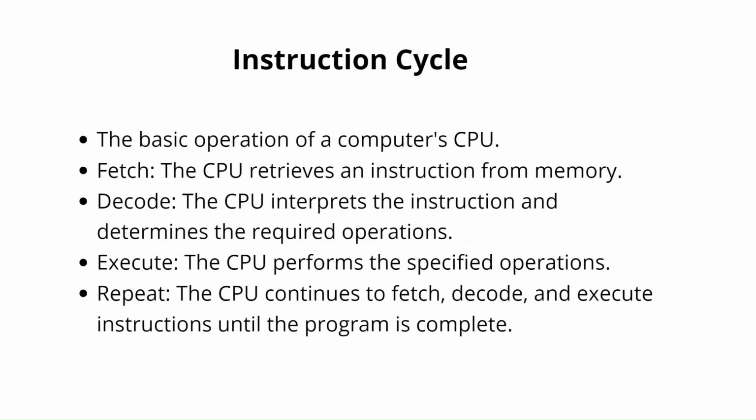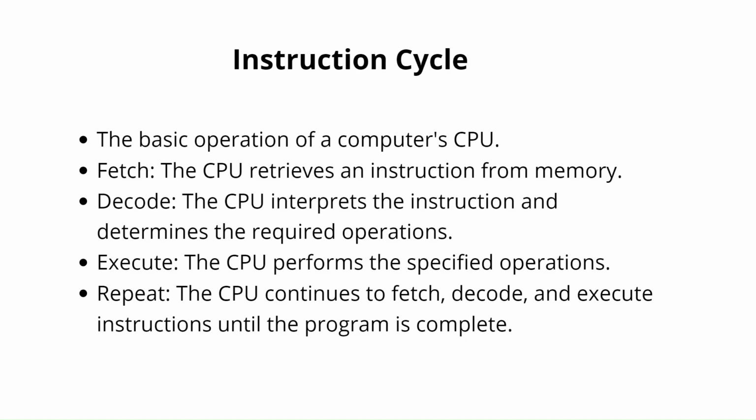Next, we have instruction cycle, the basic operation of computer's CPU. Fetch, decode, execute, and repeat. These four are the main operations of a CPU. Fetch: the CPU retrieves an instruction from memory.